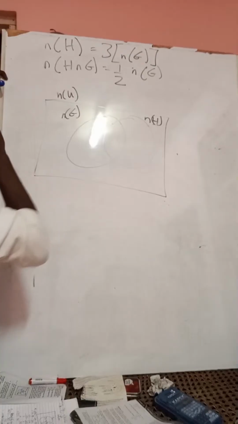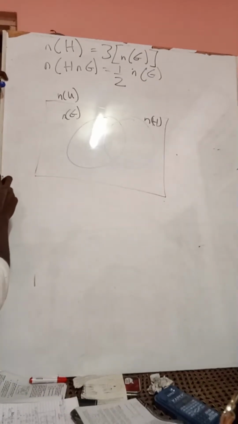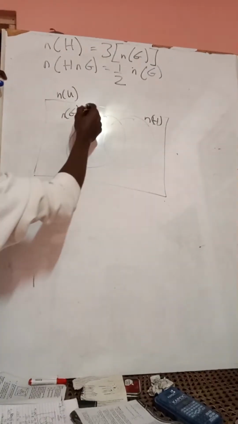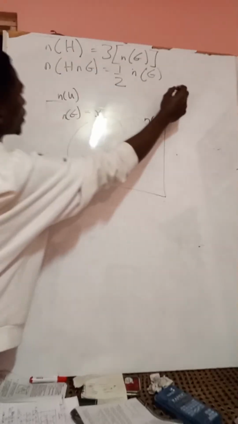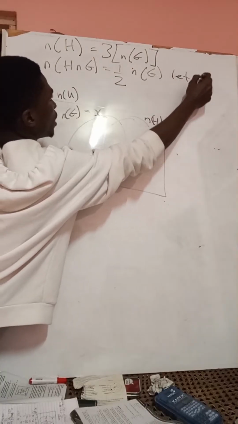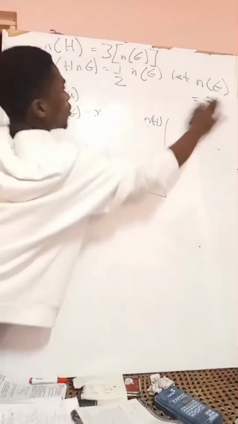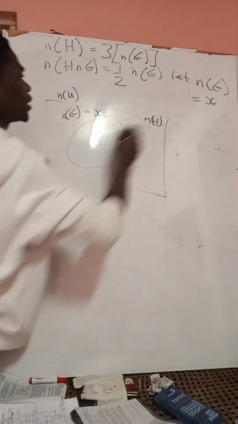Now when you come here, this is how we're going to solve it. Let's represent the number of G as x. So let the number of G be x, right?